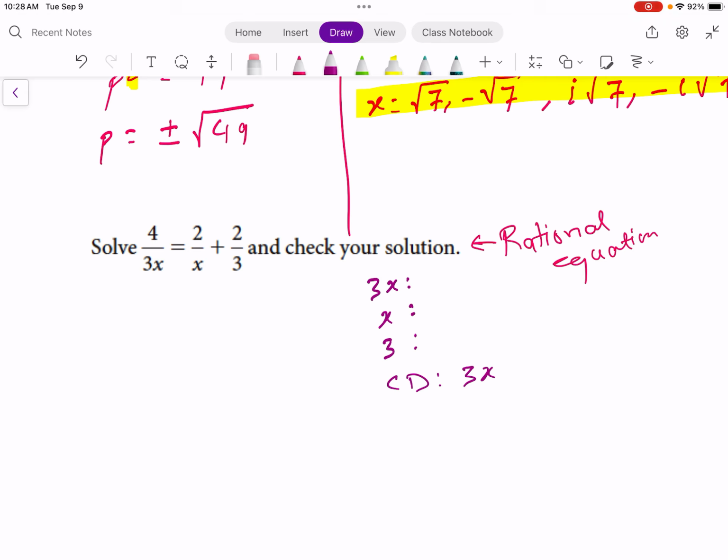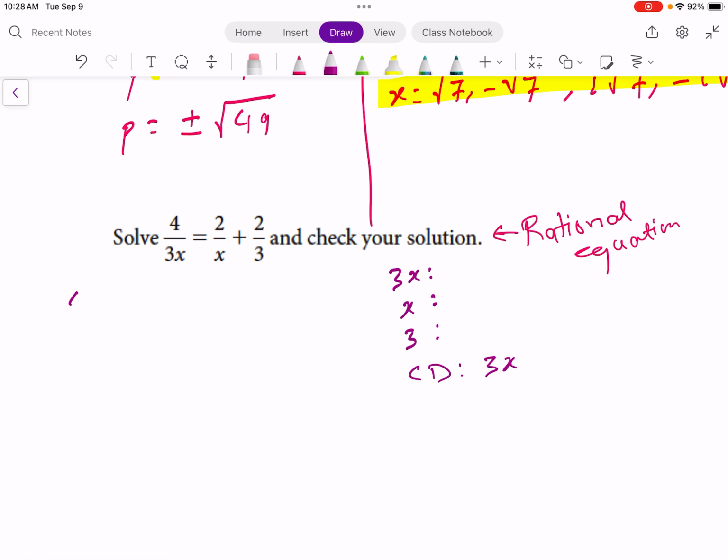So finding a common denominator means you are finding a number or an expression that is divisible by each denominator. Once you have the common denominator, we multiply each expression in this equation by the common denominator. So let me write our equation. Our equation is 4/3x equals 2/x plus 2/3.